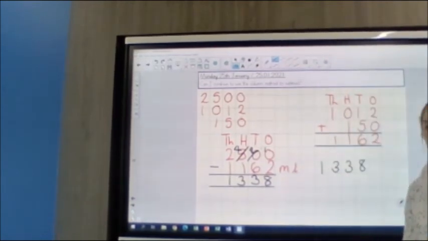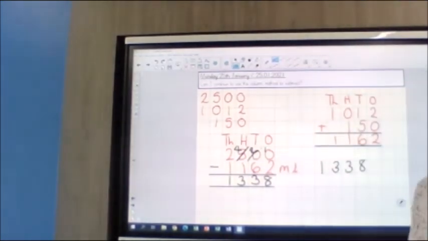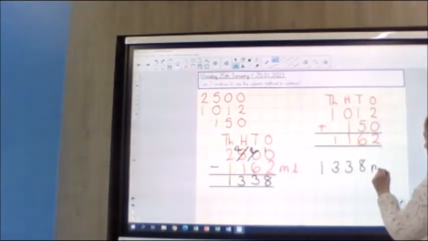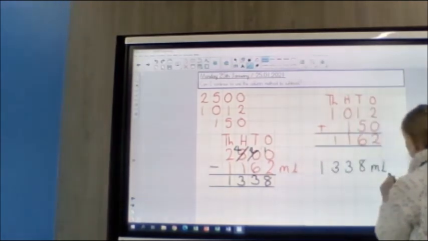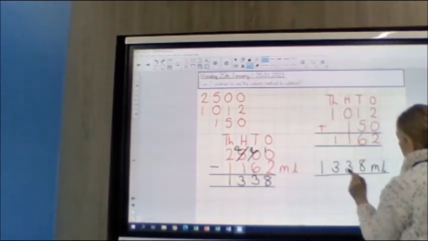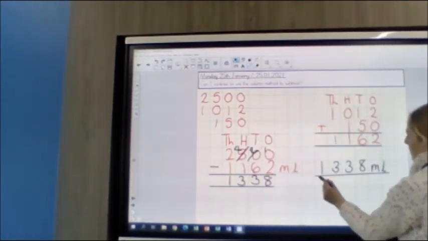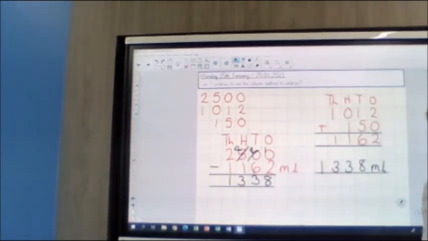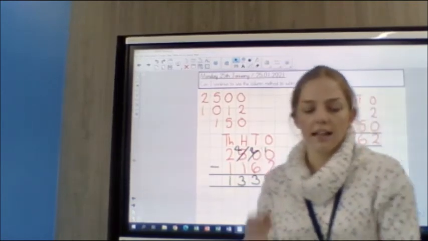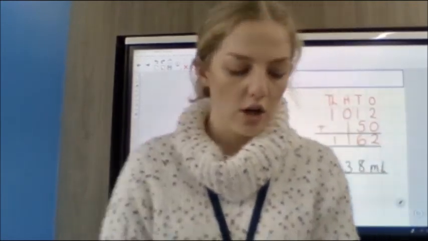And I know that the jug is being measured in millilitres. So my answer is 1,338 millilitres.